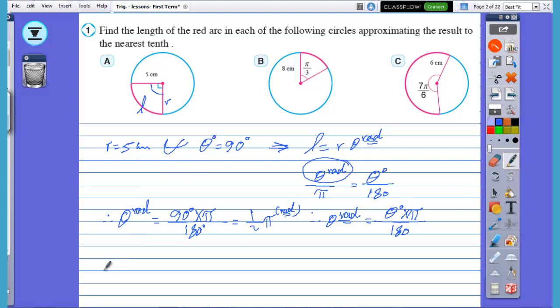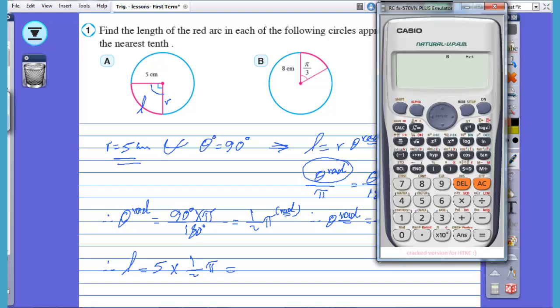So the length of the arc L equals 5 centimeters. The length of the arc must be in centimeters, not meters, not anything else. So 5 centimeters times half pi. So we'll multiply it using the calculator.